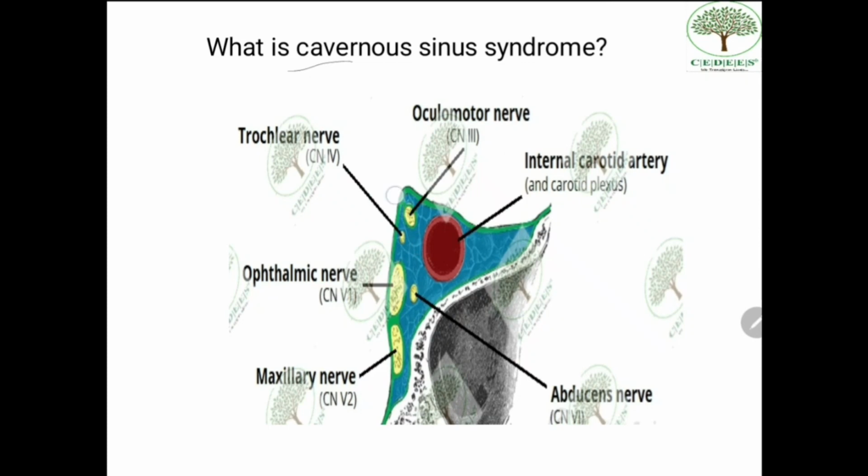So we all know along the lateral wall of the sinus we have the oculomotor, trochlear, and the maxillary, as well as the ophthalmic divisions of trigeminal nerve in that order: 3, 4, 5, 1 and 5, 2. And in the center of the sinus we have the abducens nerve and the internal carotid artery along with the plexus surrounding it.